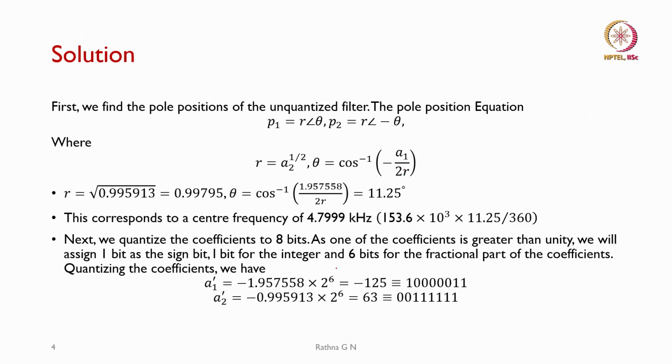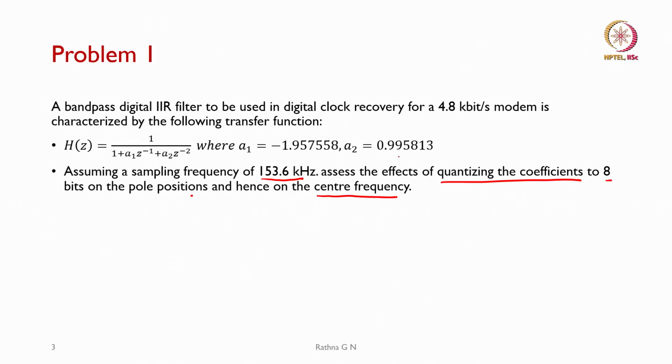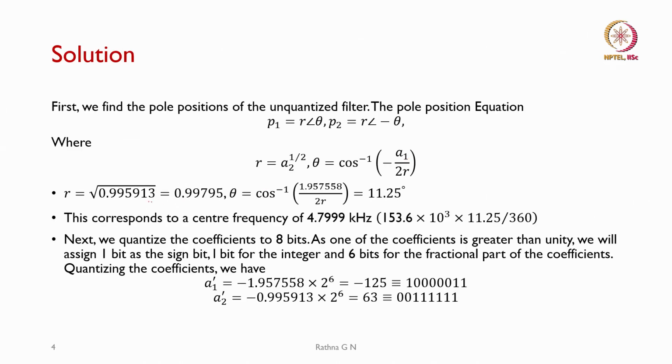In this case, how do we compute r? We have been given the value of a2, which is 0.995813, and we take the square root of it. So, we are going to get 0.99795.